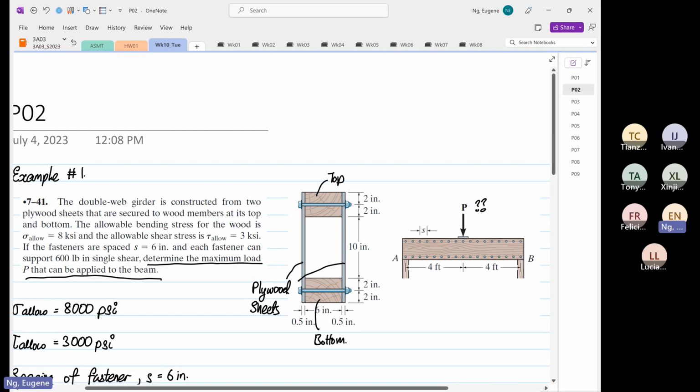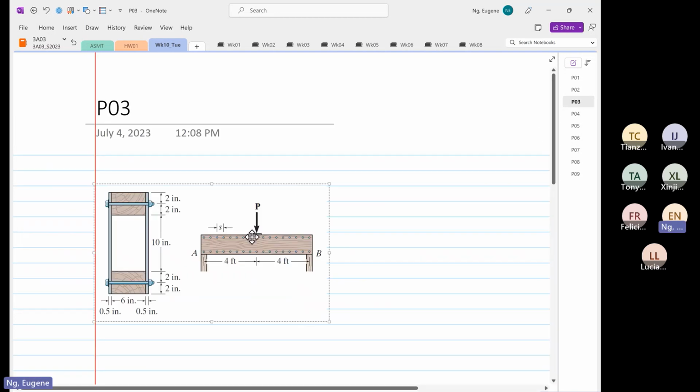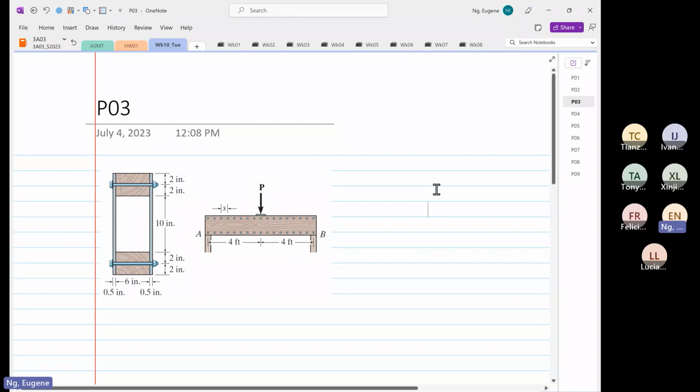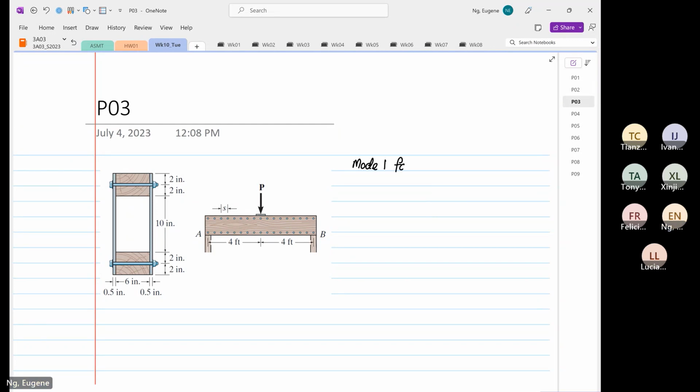Okay, right. So now I'm going to copy this. So we are still going to start with the problem. I'm still going to carry on with mode 1 failure, which is failure due to the fastener.